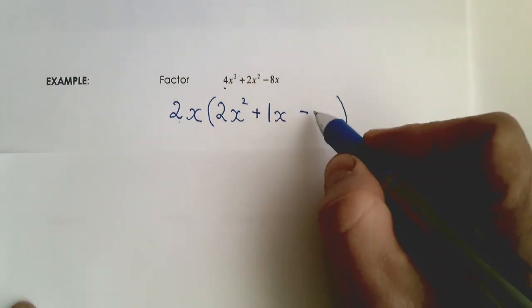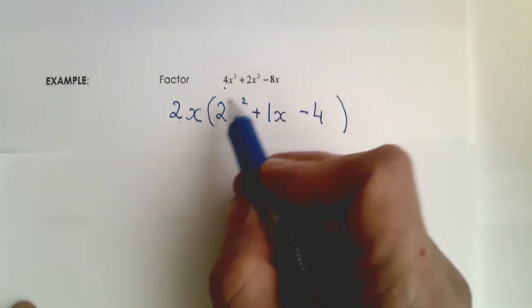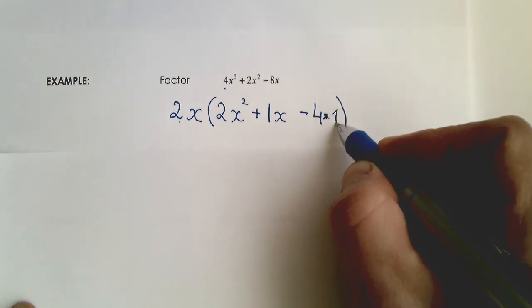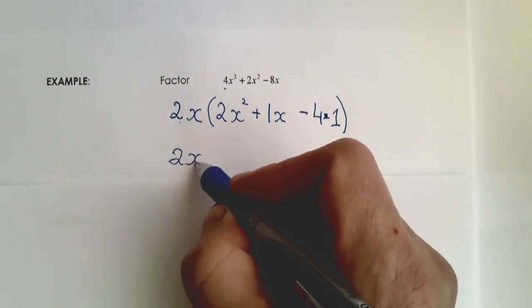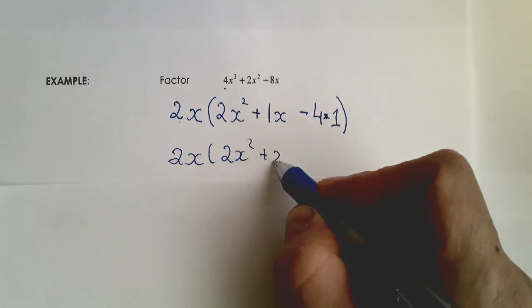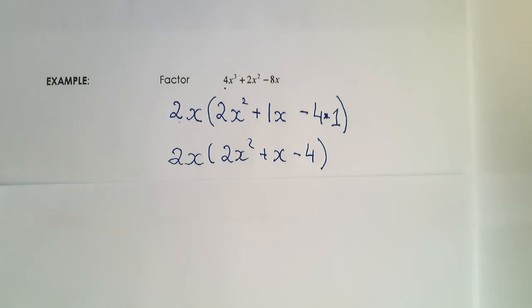Negative 8 divided by 2 is negative 4. And x divided by x is 1. So I could write times 1 here. And very quickly, I will clean this up and say 2x squared plus x minus 4. And I got exactly the same answer as in the previous method. All right, so that's maybe a shorter, faster way of doing this question.